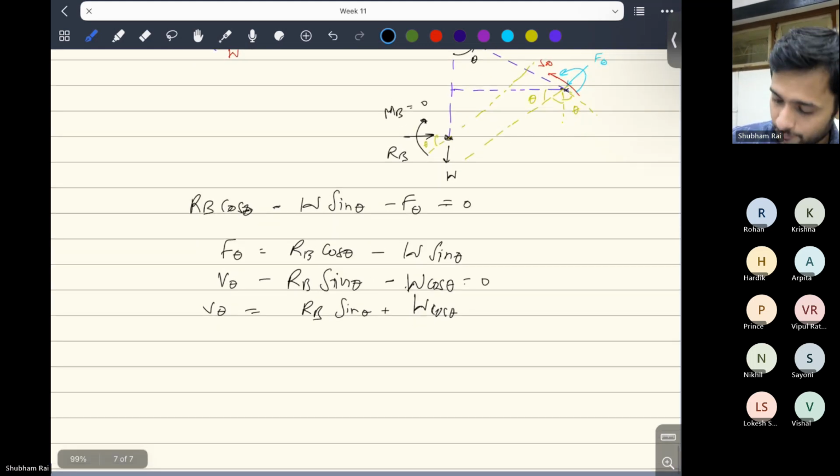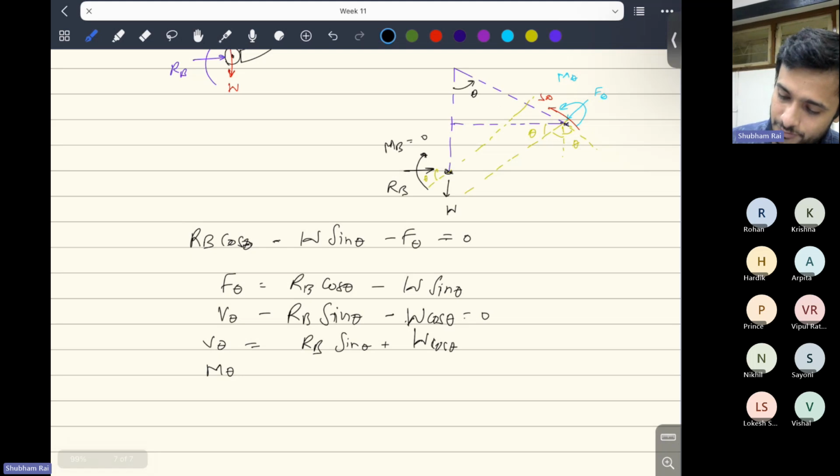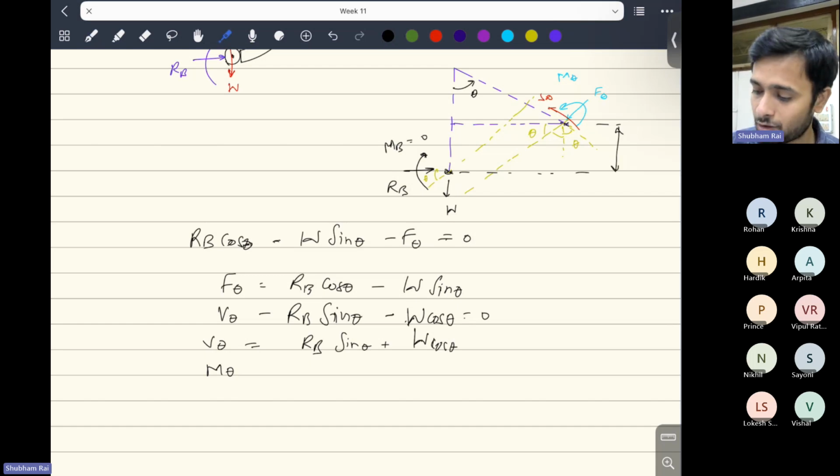Finally, we want to get the expression for M theta. So let's find it out. We will balance the moments about this point, let's say. The moment due to F theta and V theta will go to 0, and the moment due to M theta is, let's say, positive because it's pointing in plus z direction. And due to RB, what will be the moment? RB multiplied by this distance here, right? So this distance will be how much?